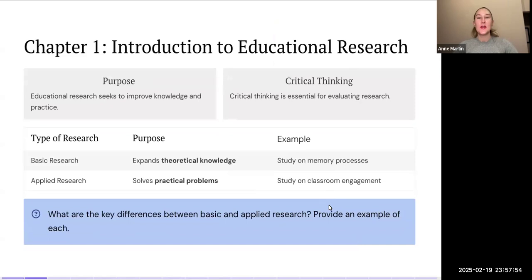So let's go into chapter 1. So chapter 1 was all about an introduction to educational research, and this ties into really why you're taking this class, to help become better consumers and better understand how educational research is conducted and how to understand and interpret the results and understand some of the design, and then even be able to apply that to your own research proposal.